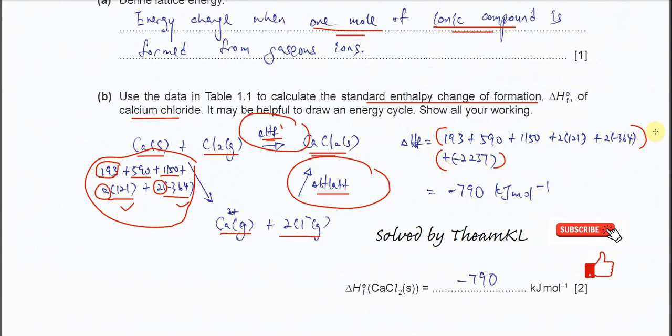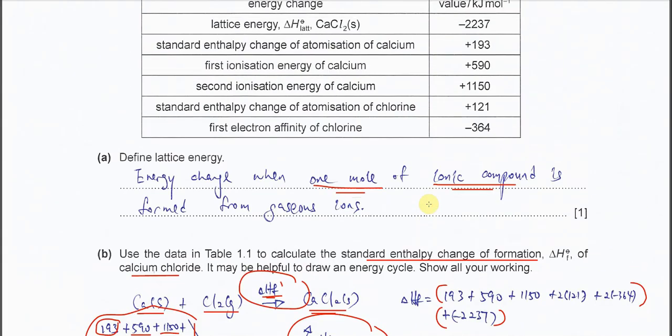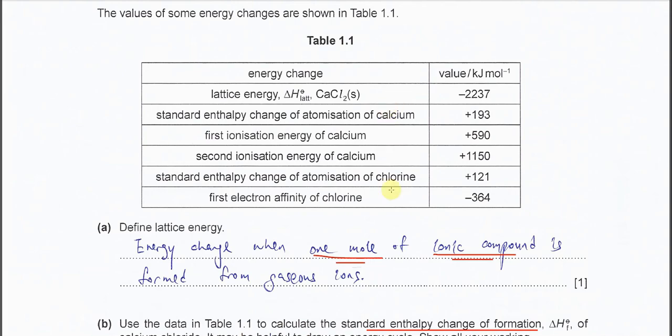So this one is the sum of these two. Eventually you get negative 790 kilojoules per mole. So this is how you calculate the delta H formation for calcium chloride. And of course you can get all these values from the table. Okay, it's all given here.